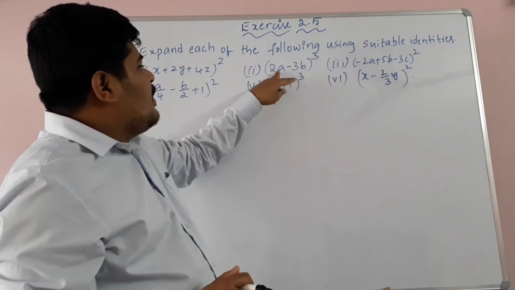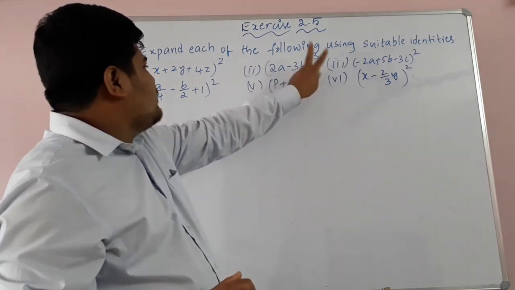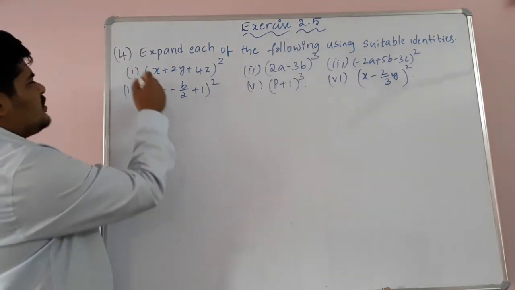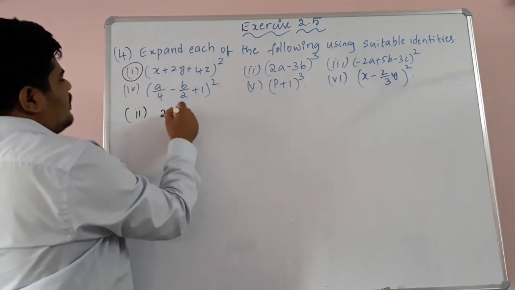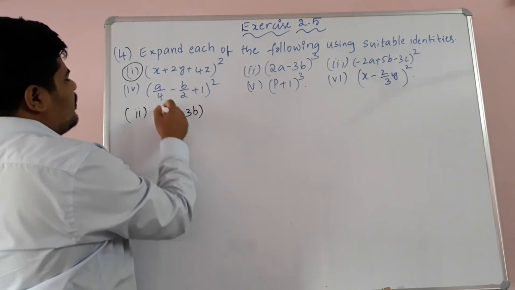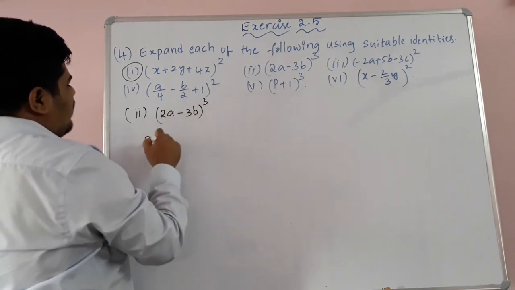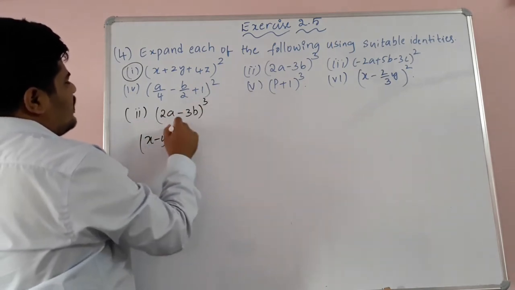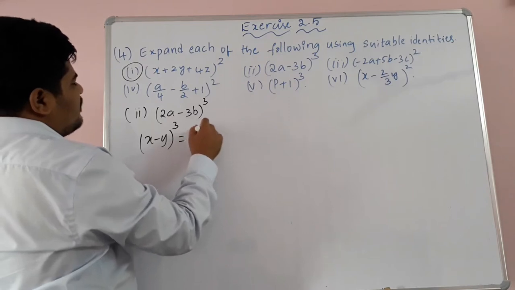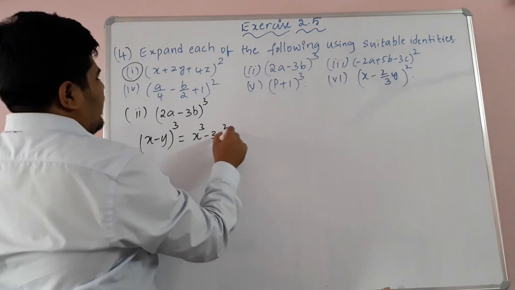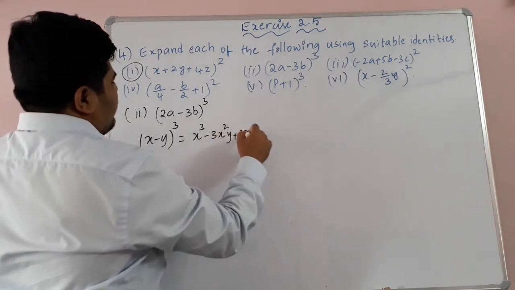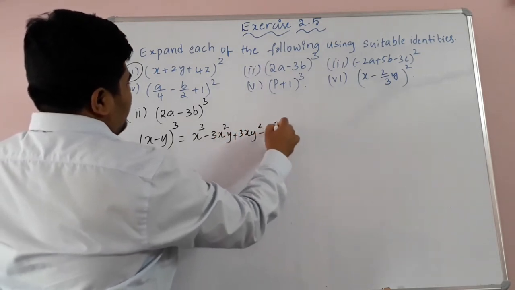And if you see the second problem, 2a minus 3b whole cube. So first let's see second problem, children. First you can try. Okay. See this second problem, 2a minus 3b whole cube. Children, it's in the form of x minus y whole cube. So what is the expansion? X cube minus 3x square y plus 3xy square minus y cube.